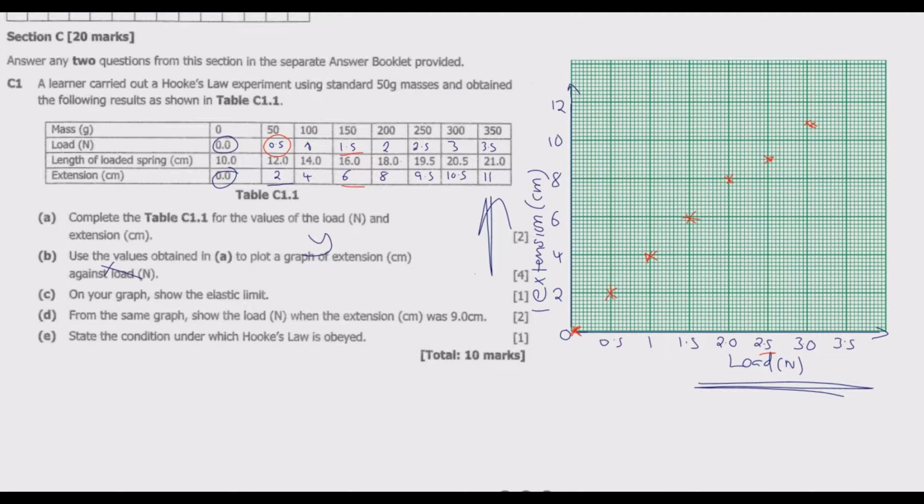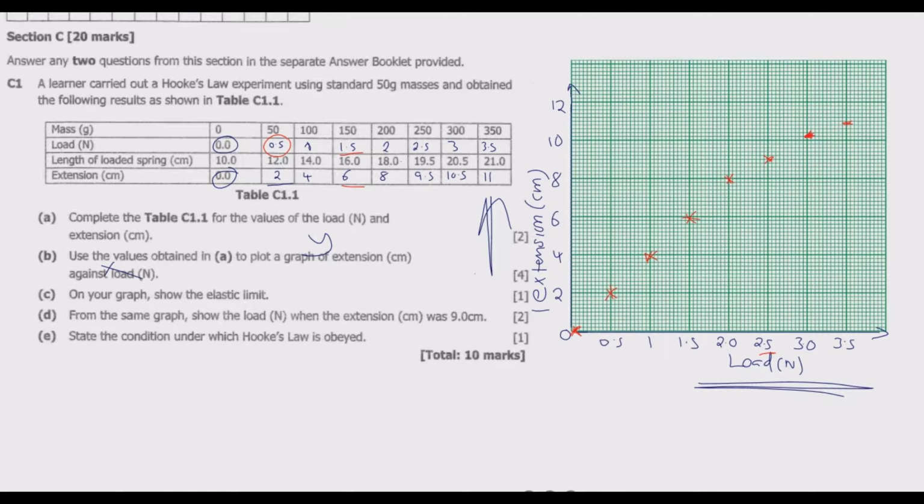Then we have 3.5, 11, which is somewhere here. So 10.5 is here, not there where I put it. So it's here.